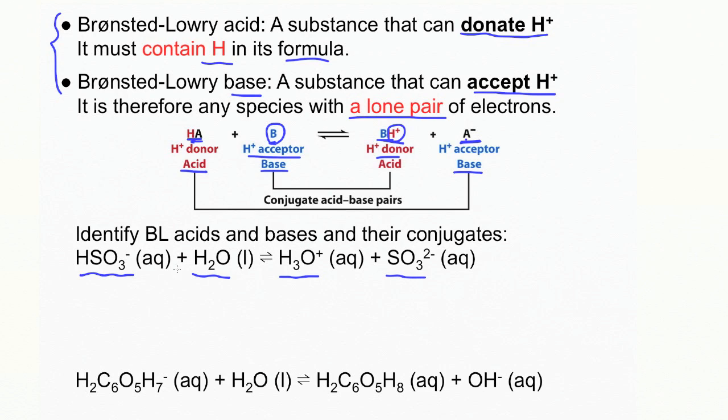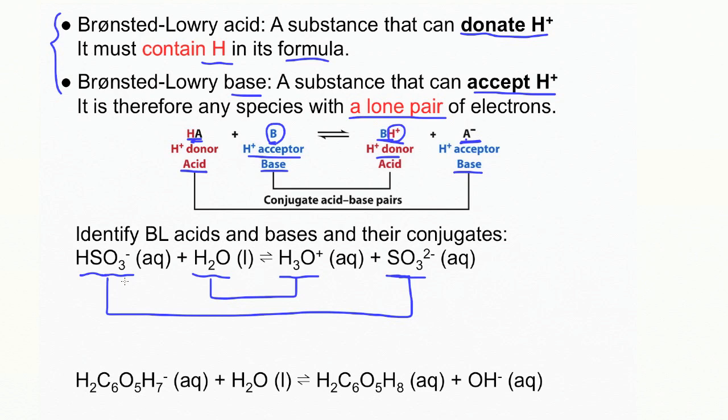Now when you compare the formulas, you can see that the only difference between these two is just one proton. So these two are a conjugate acid and base pair. And water and hydronium, the only difference is just one proton. So these two are a pair.